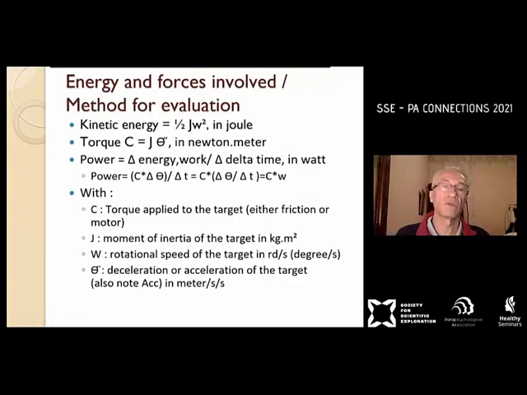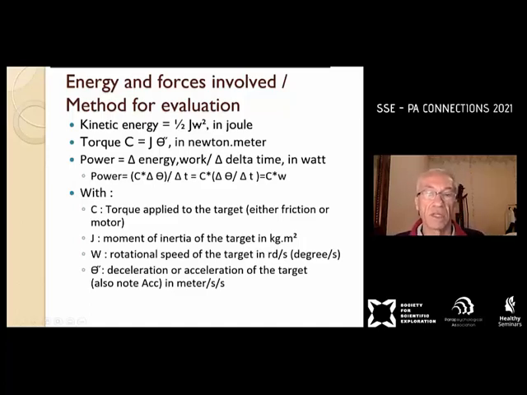Now let's go to our main topic, which was, okay, this is working, but what are the energy and forces involved in this? So we use the standard methods of evaluation, which are clearly mechanical. First, the kinetic energy, which is half the moment of inertia multiplied by the rotation speed squared.